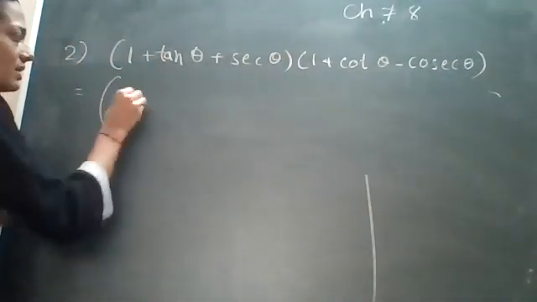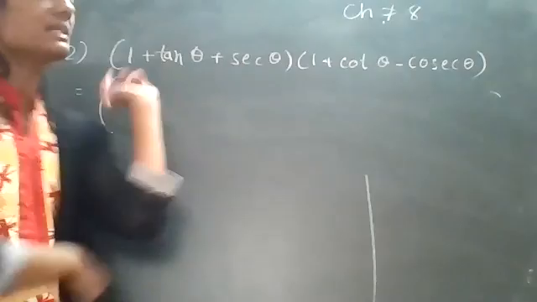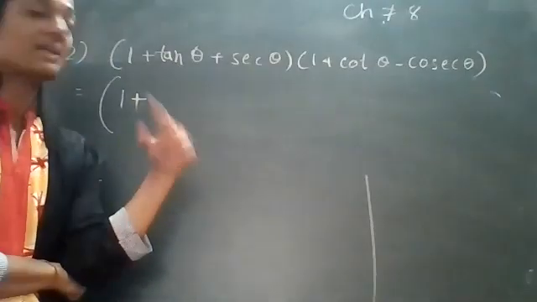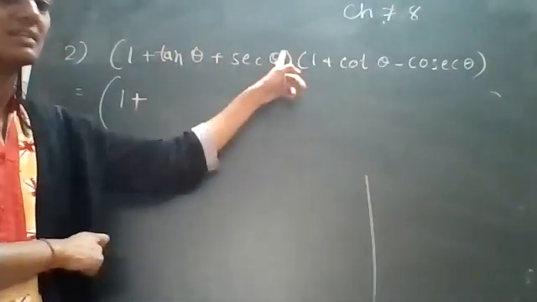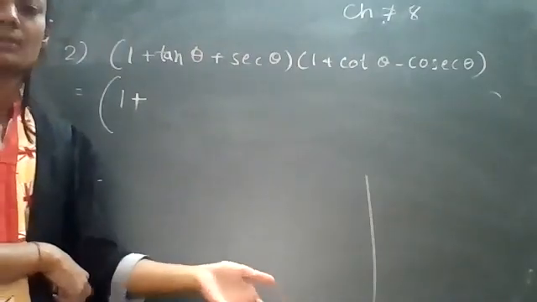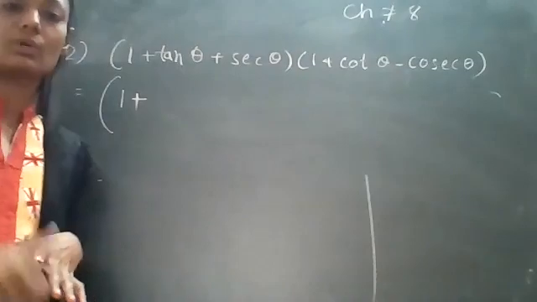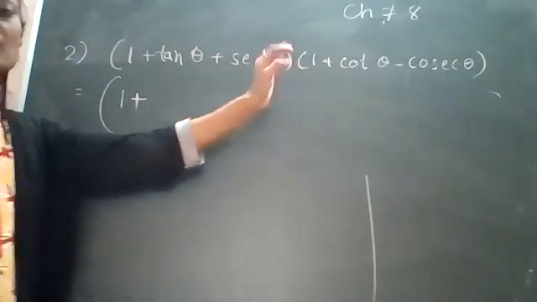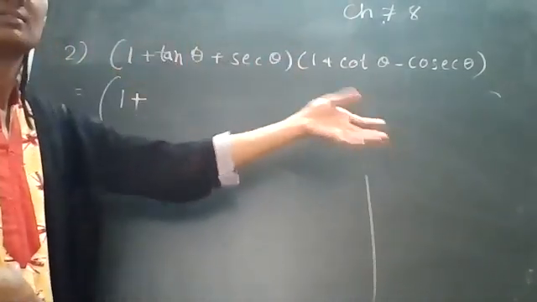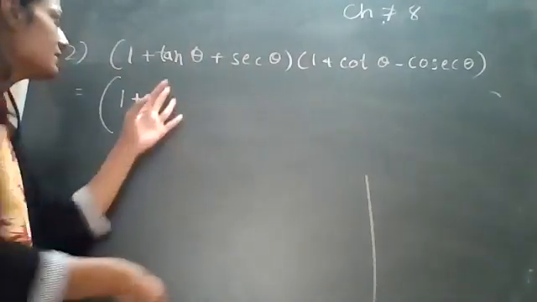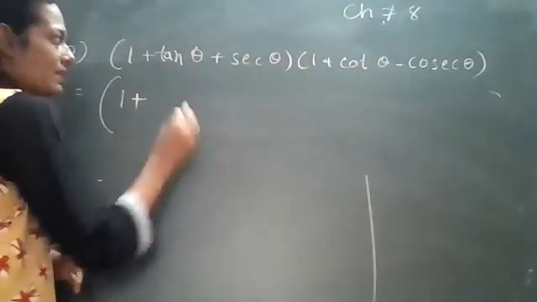For 1 plus tan, we see here no square is there. If tan square and sec square were there, we could try something, because we know that sec square minus tan square is equal to 1. But here no square is there, so we cannot use those trigonometric identities. So we simply convert them into sin and cos.